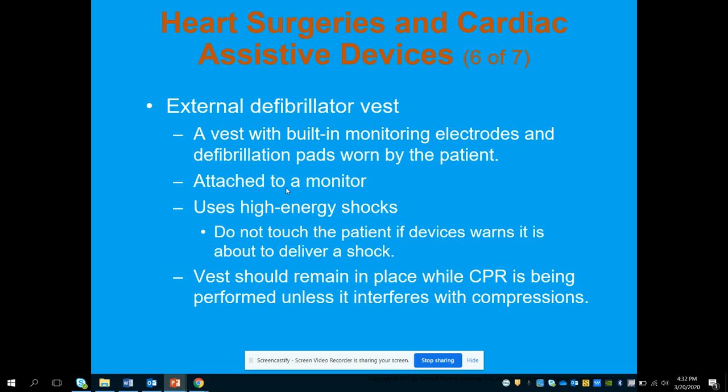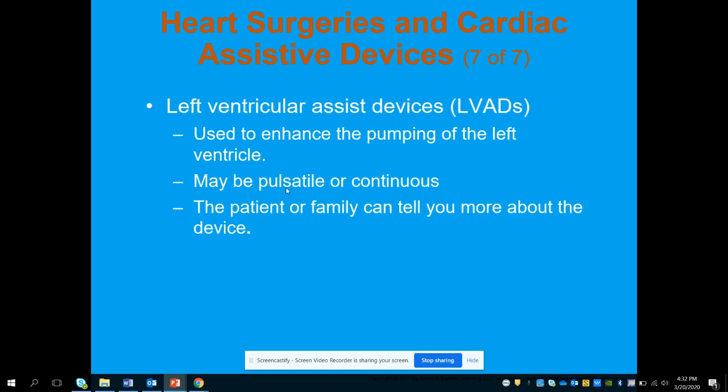These vests are usually worn by patients who are awaiting more permanent things like a left ventricular assist device, an LVAD, which we're going to look at here in a second, or patients who are awaiting a heart transplant. So we don't want to touch the patient again if it's preparing to deliver a shock. And if you're beginning CPR on the patient because they're pulseless, you can leave this vest in place. It's not going to interfere with compressions, and you're going to allow it to work as an AED would.